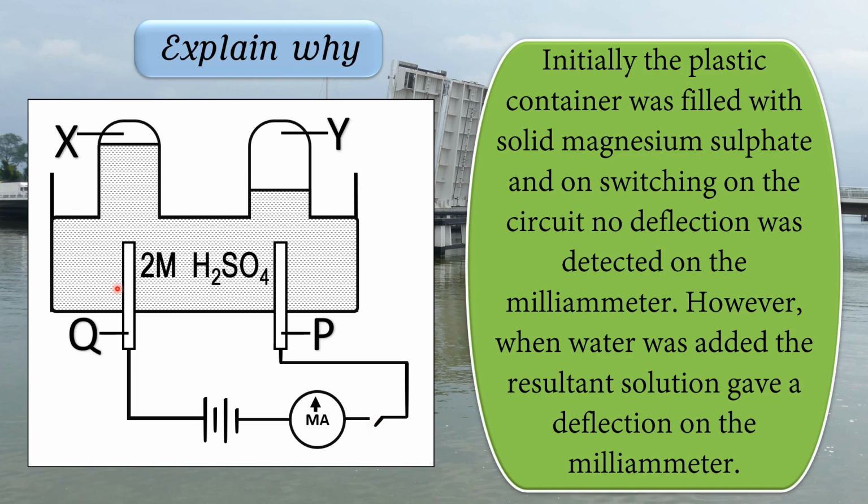That is, we had solid magnesium sulfate, and there was no deflection. And when we added water to it, we formed a solution, and when we closed the switch, there was a deflection on the millimeter.